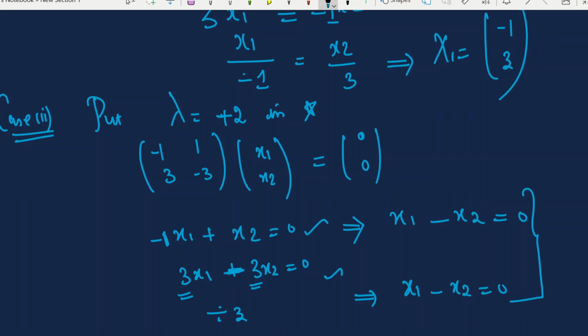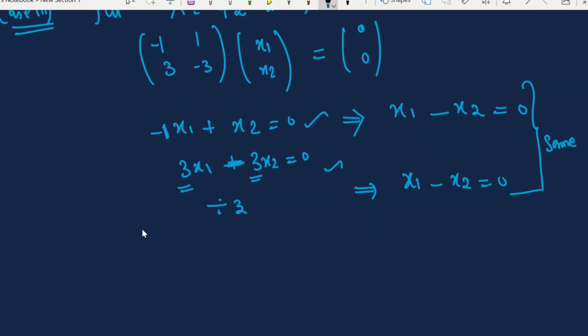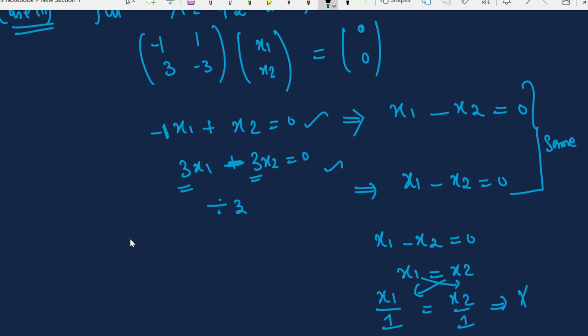So now both the equations are the same equation. In that case, consider this equation, x1 minus x2 equals 0. x1 equals x2. So x1 by 1, x2 by 1. Move this coefficient here and here. Now this is our second eigenvector.